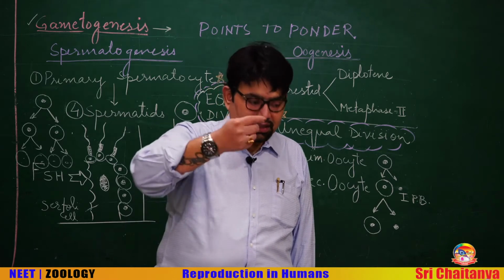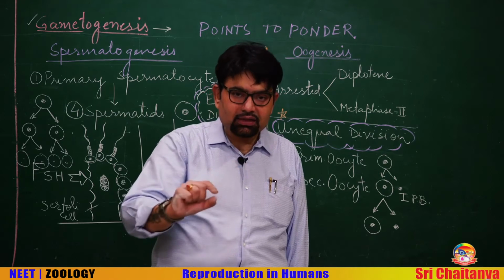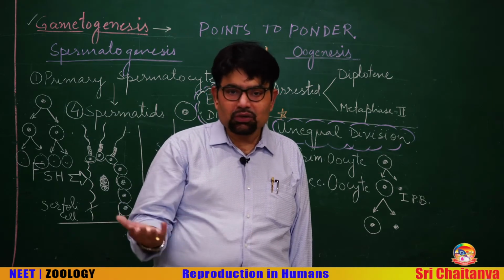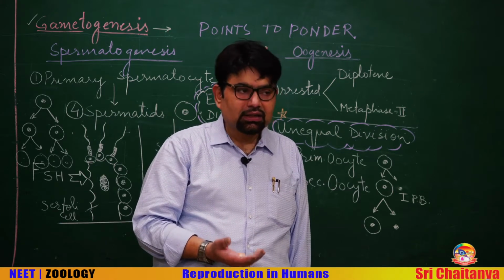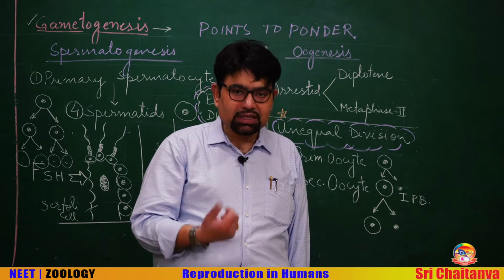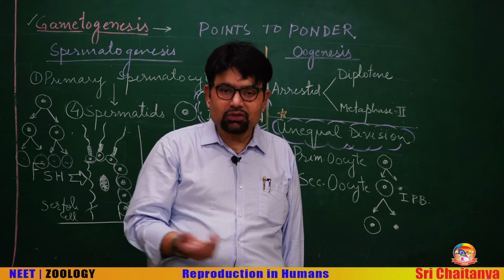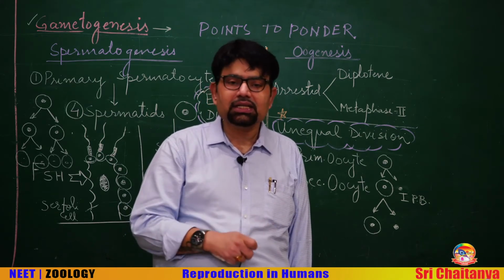So there is formation of only one secondary oocyte, and the other is the polar body, which is not going to help in formation of gametes. What happens to that? In most species it degenerates, while in some it further divides into 2, but in human beings it is known that it degenerates.